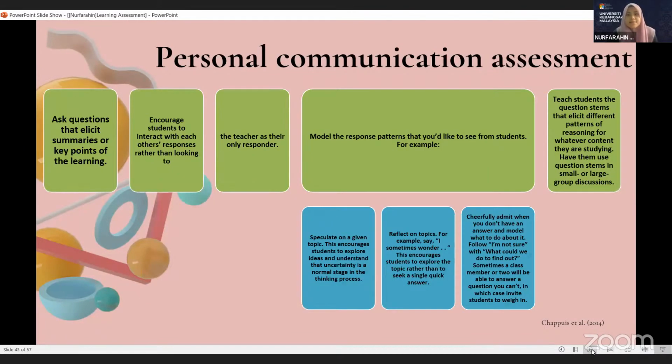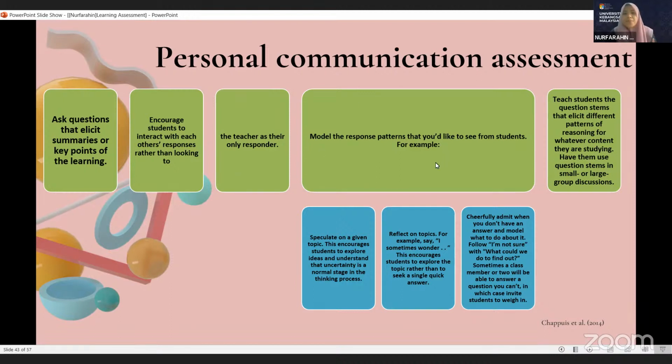This is how you would conduct a personal communication assessment in class. You can ask questions to encourage or require a student to summarize or provide key points during class. You encourage students to interact with each other and then model the response patterns.